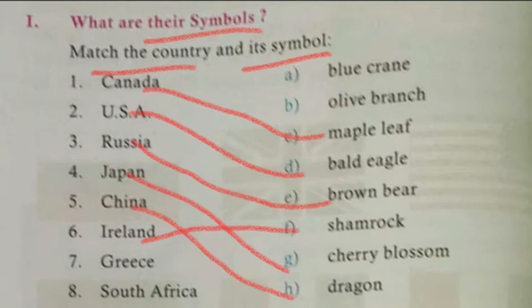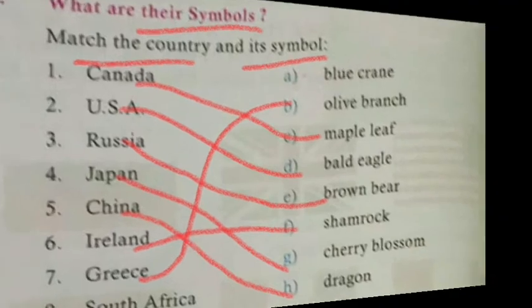The next is Greece, which belongs to olive branch. These flags have the symbol of olive branch, isn't it? Now the last one is South Africa, which belongs to blue crane.